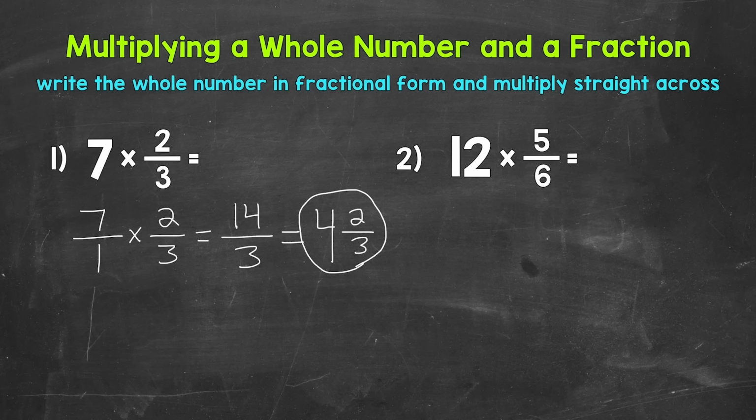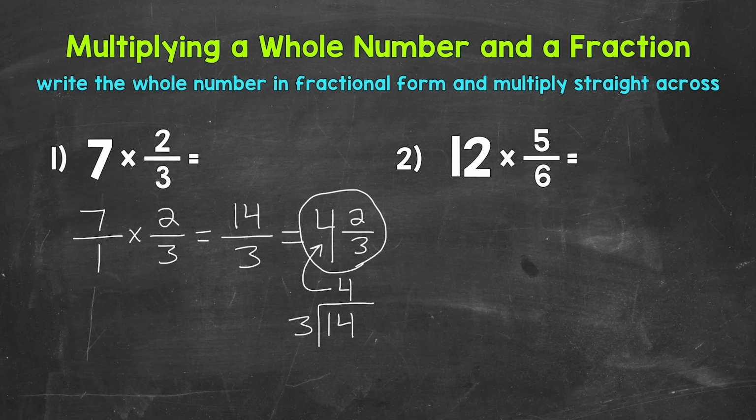Now, just as a quick recap as far as how we went from 14/3, that improper fraction, to the mixed number, again, we divided the numerator, 14, by the denominator, 3. How many whole groups of 3 in 14? Well, 4 whole groups.